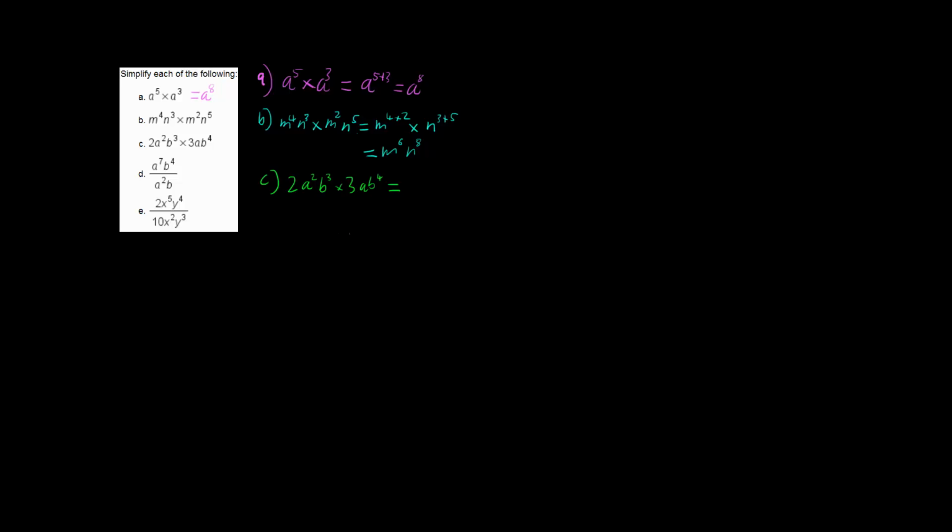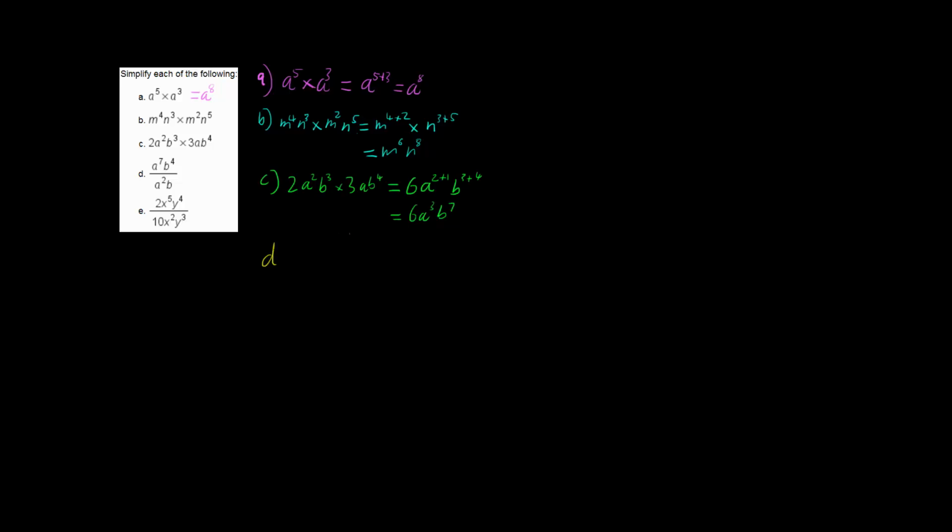So we're going to have 2 times 3, which is 6, and then we apply the appropriate index law, which, because we're multiplying, is again the first index law. So we're going to have a to the 2 plus, remember there's an invisible 1 there, so 2 plus 1, b to the 3 plus 4. So that gives us 6a cubed b to the 7.